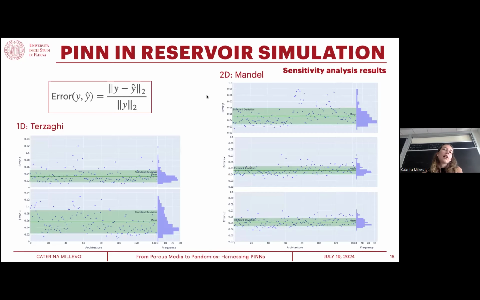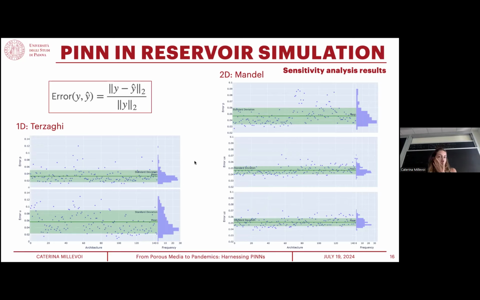These are the error distributions corresponding to all these different architectures. The x-axis goes from 1 to 144, which is the total number of architectures that we considered. The green line corresponds to the mean error for the displacements and for the pressure, and the green bands correspond to the standard deviation error bands.